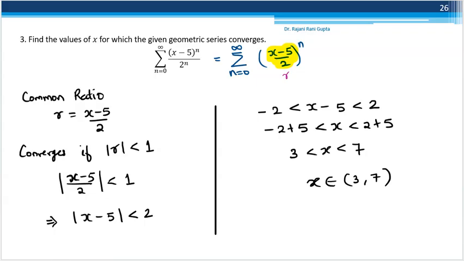Okay. Can you tell me what is the radius of convergence here? Correct. This 2 is the radius of convergence and this series is centered at x equal to 5. The radius of convergence is 2.